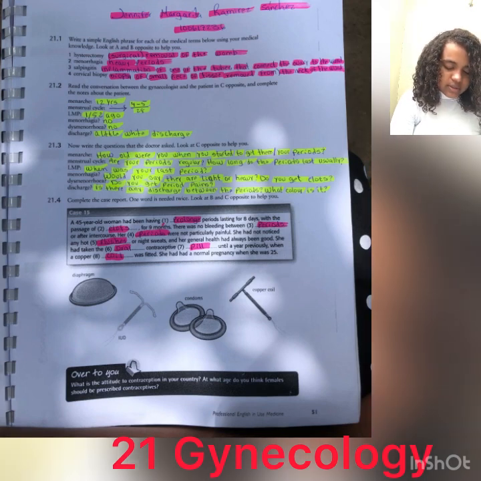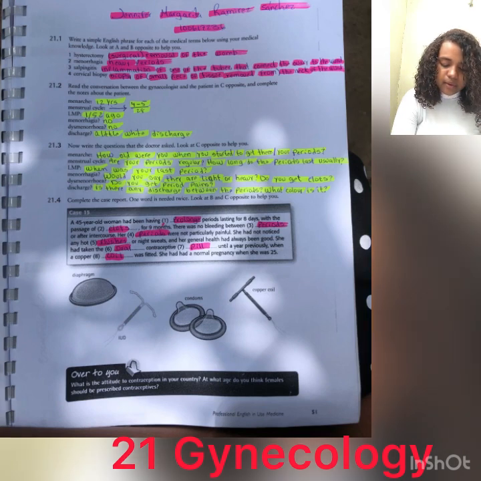Case history. A 45-year-old woman had been having prolonged periods lasting for 8 days for 9 months. There was bleeding between periods.